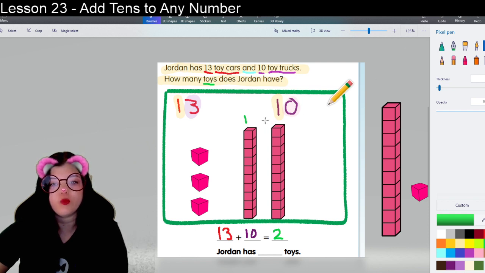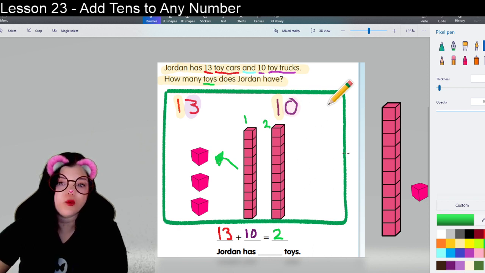But for now, I'm just going to write 1 and 2. So if I have 2 groups of 10, which makes 20, and I want to add 3 more, because I have to add my ones from 13, because 10 had 0 ones, so we don't have to worry about adding any ones from 10, but 13 had 3 ones. So if I start from 20 and I count up 3 times, what number does that make?